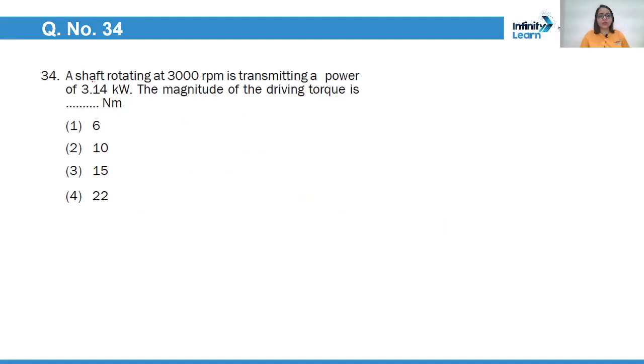Question number 34. A shaft rotating at 3000 rpm is transmitting a power of 3.14 kilowatt. The magnitude of the driving torque in Newton meter is? So here 3.14 into 10 power 3 is the power, which is tau into omega.